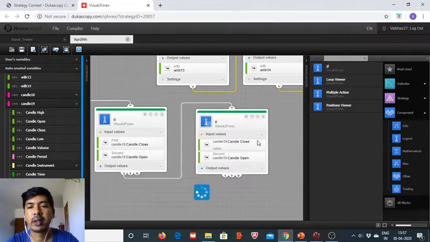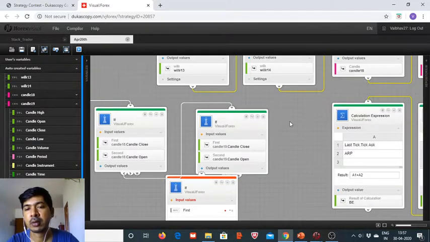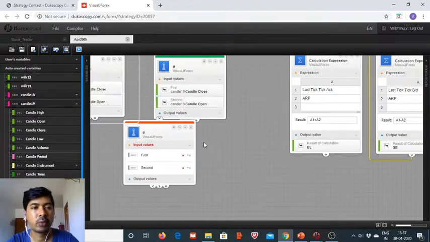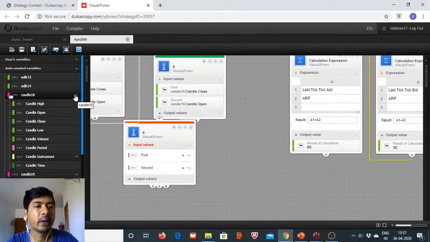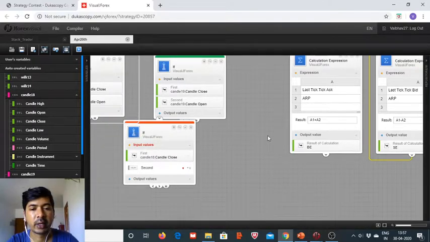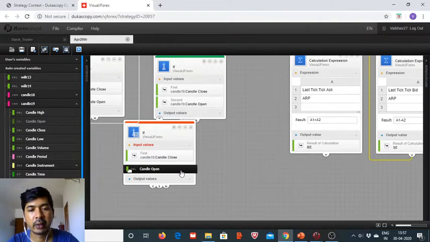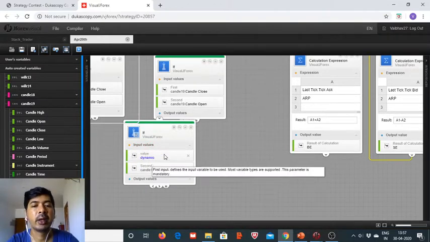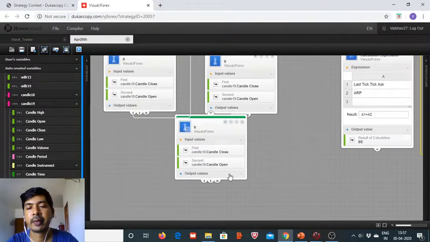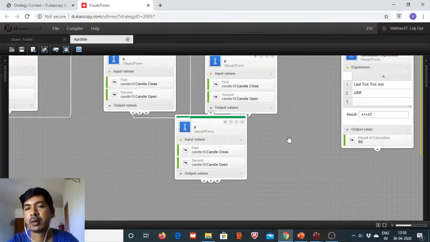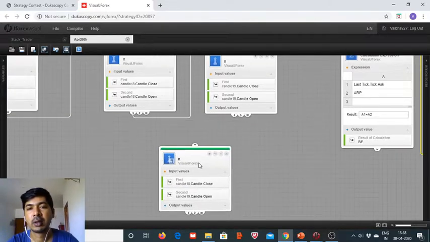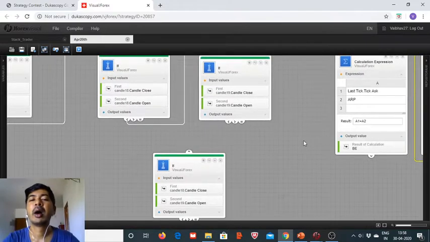And now we get another block. So this time what we are going to do is we need to compare the candle 18's closing levels. So we get the candle 18's close to the candle 19's open, and we need the candle 18's closing level to be less than candle 19's open. Okay, so we join this thing here.